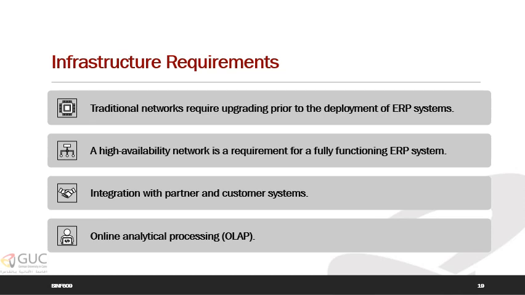Integration with partner and customer systems allows the company to manage important parts of the business such as order tracking, inventory management, etc. Online analytical processing, OLAP services, provide the ability to access, present, and analyze data across dimensions.